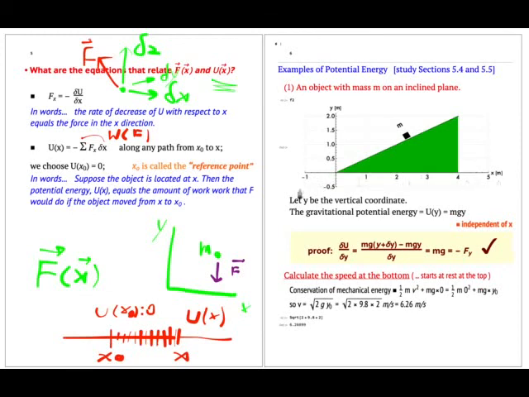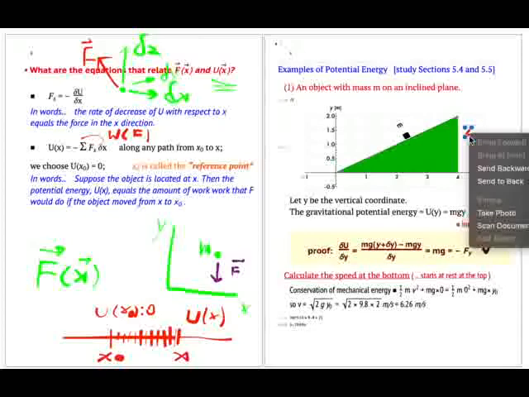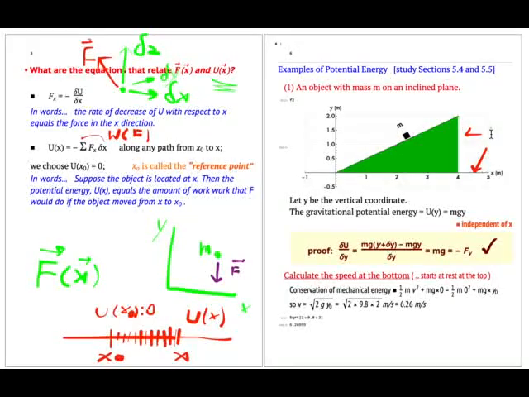That's the reference point. I said the potential energy is zero at the reference point. Well, the reference point is y0 equals 0. So you see, U of 0 is 0. So here, U is 0. But here, U is mg times the y position, the y coordinate.